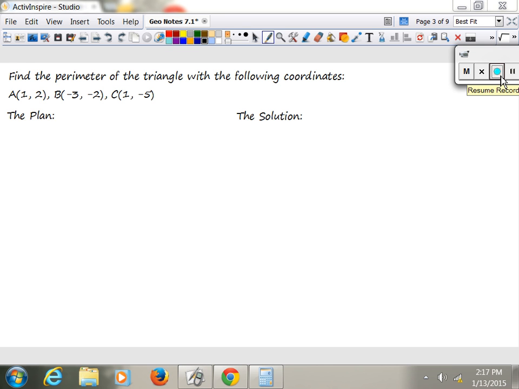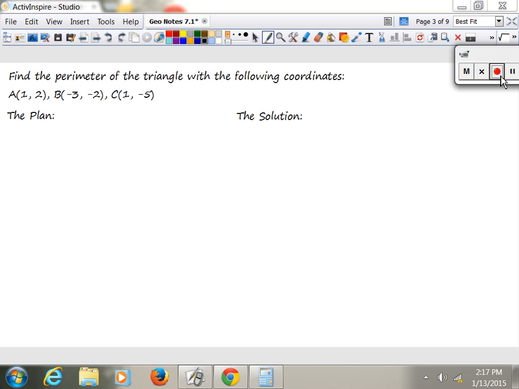All right, so if you get a problem like this on a test or quiz or homework assignment, and you see 3 coordinates, A, B, C, and you want to find the perimeter, and you know it's a triangle, what is your first thought? What are you thinking that you want to do to plan this one out? You think Pythagorean theorem with 3 points, it would work if it's a right triangle.